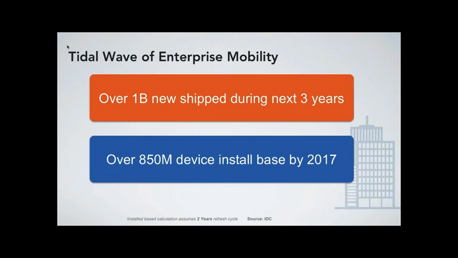There is a tidal wave, as I mentioned at the beginning, of mobility. 1 billion new devices shipped during the next 3 years, 850 million devices installed by 2017. The world is going mobile, and that's being led by the connectivity boom.